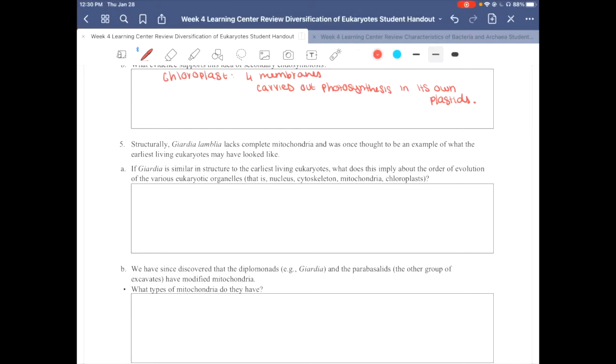So what do you guys think? Based on this information, which one do you think evolved prior to the endosymbiosis? Do you think the Giardia structure came after endosymbiosis of mitochondria or chloroplast occurred or before?